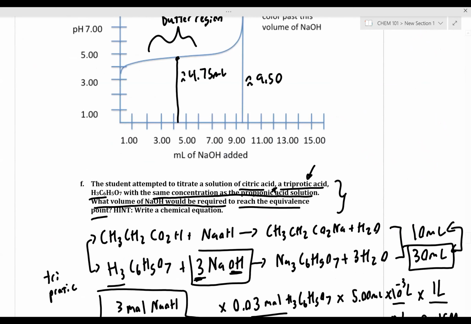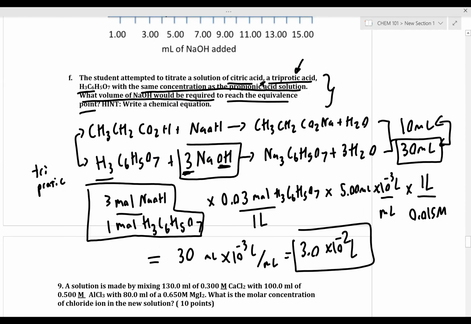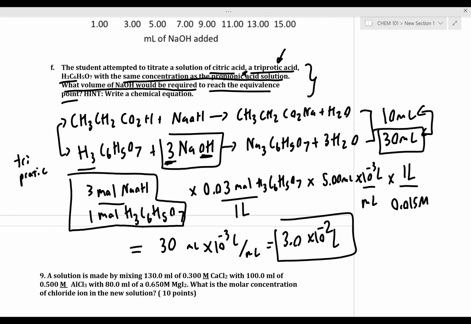Then, in order to compare and calculate the expected volume of NaOH required, we're going to go from moles of acid to moles of NaOH, and then finally to liters of NaOH using our molarity.